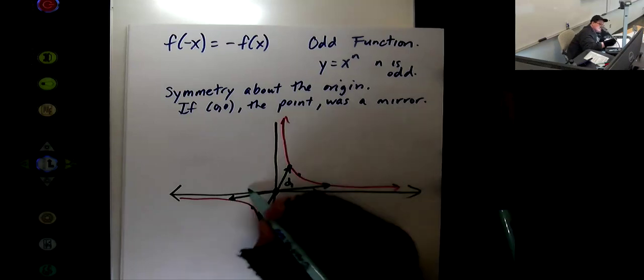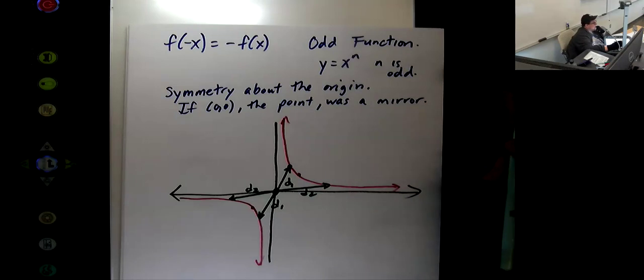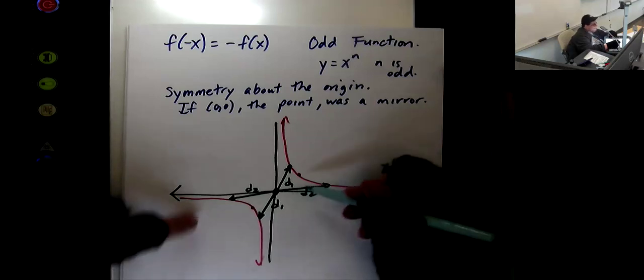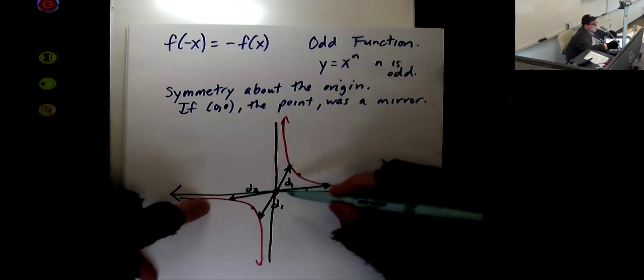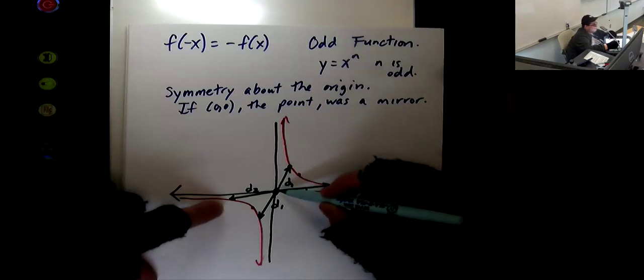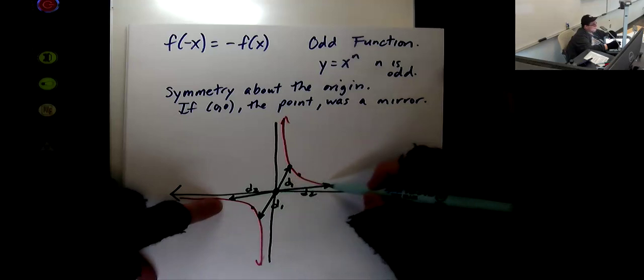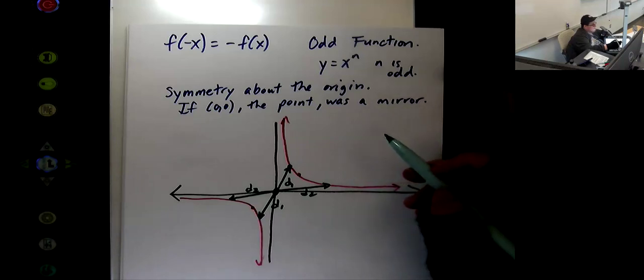If you drew a straight line through the origin and through your graph, the distance from your graph to the origin should be the same in either direction. Which is crazy.